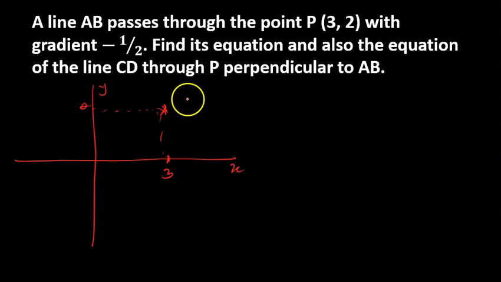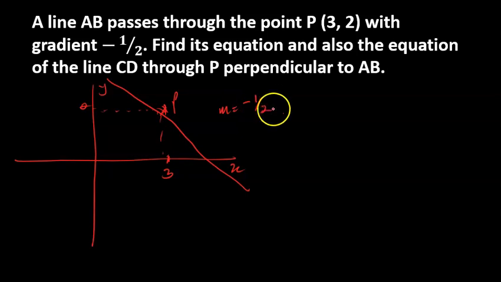And it has a negative gradient. Now, for it to have a negative gradient, I think my line should look this way. Now, the line passes through this point P, and I've been given my M, the negative gradient, to be -1/2, then I'm asked to find the equation of this line.